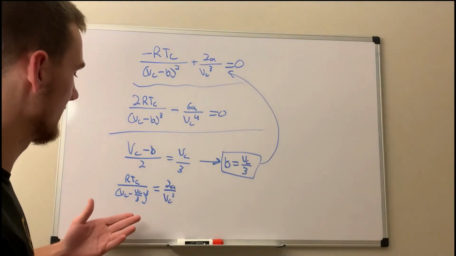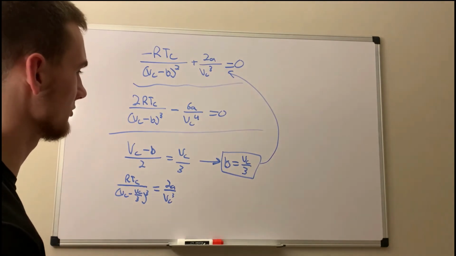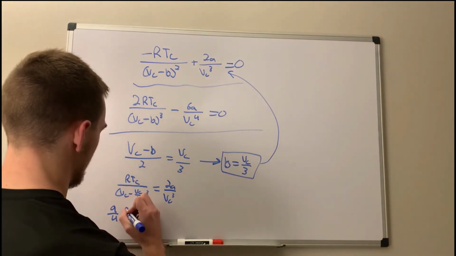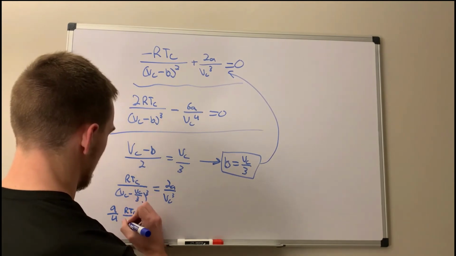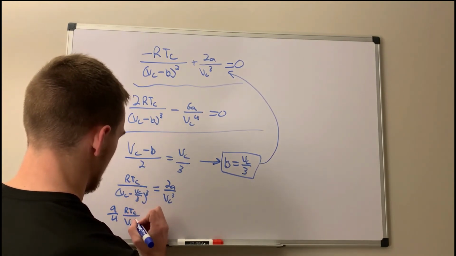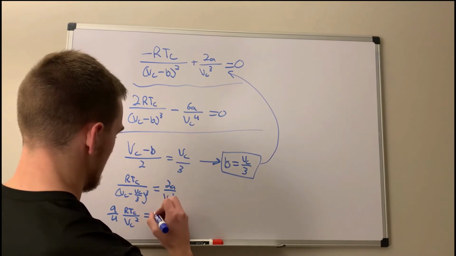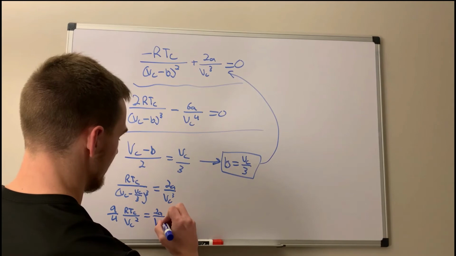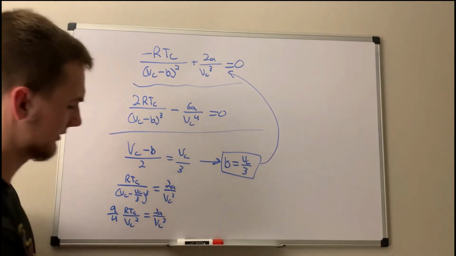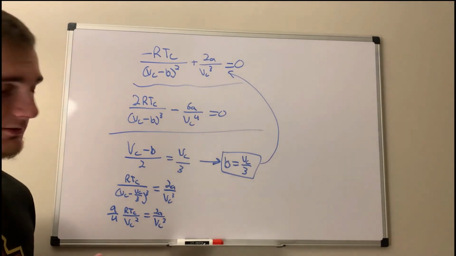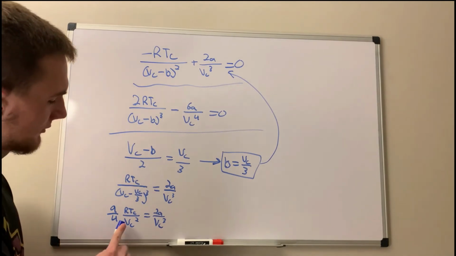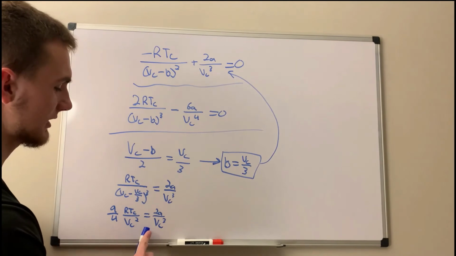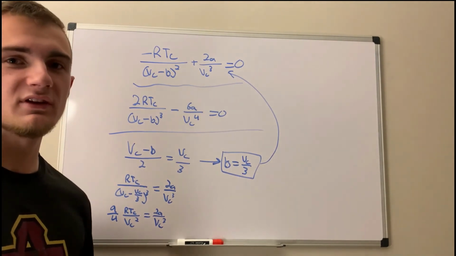Now, if we simplify this a little bit further, we'll see that we have 9/4 RTC over VC squared equals 2a over VC cubed. I know this is a little hard to see down here in the middle, so this is 9/4 RTC over VC squared equals 2a over VC cubed.